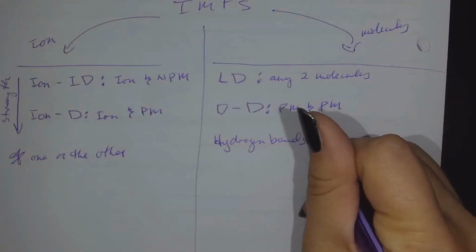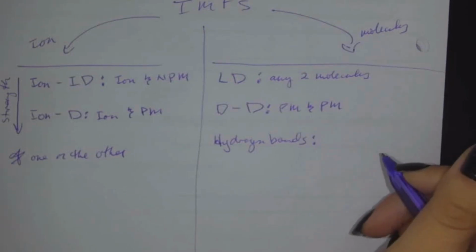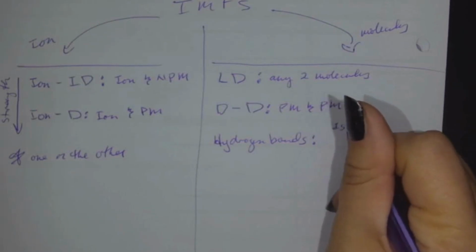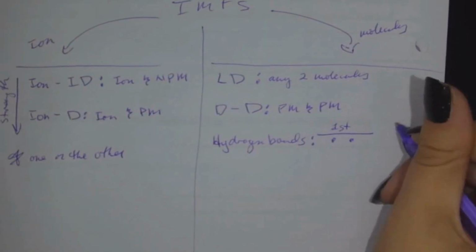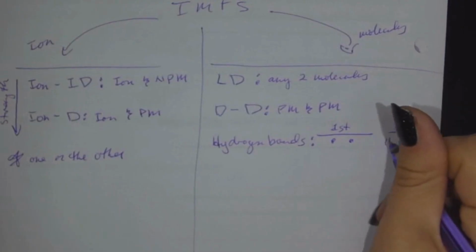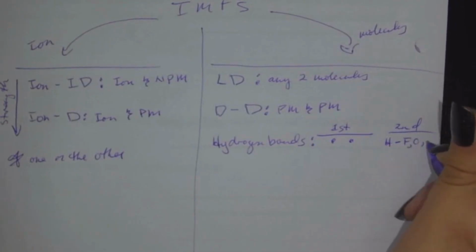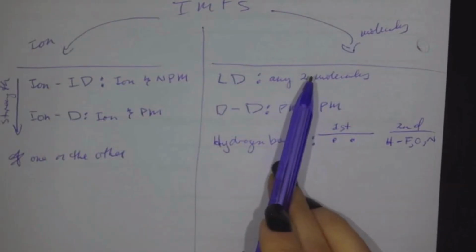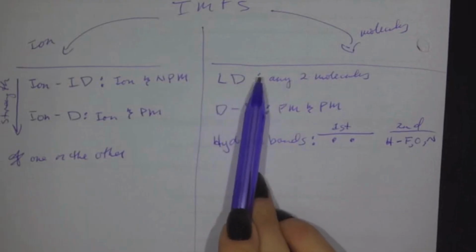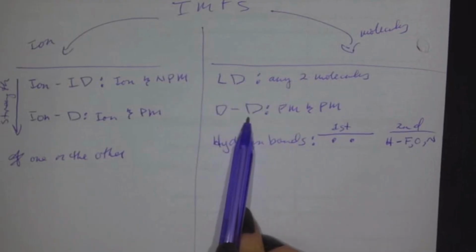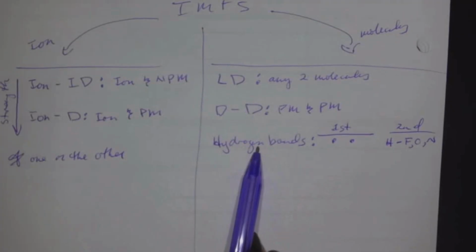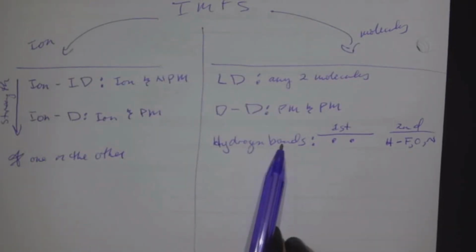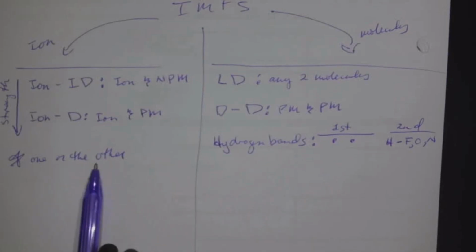And reminder, for hydrogen bonding, we had two criteria. One of the two molecules had to have a lone pair on it, and the second molecule had to have hydrogen bonded to fluorine, oxygen, or nitrogen. So every two molecules will have London dispersion. It might also have dipole in addition to that London dispersion. It might have London dispersion and hydrogen bonding, or it might have all three together. These are independent.